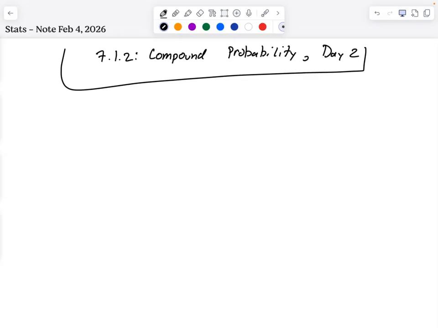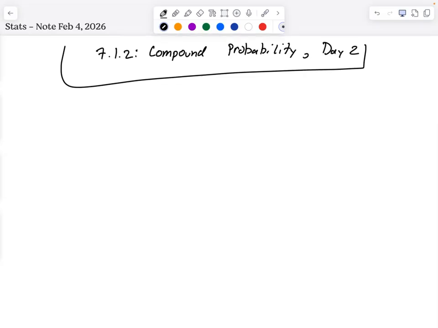So, we talked about this idea of these two simple events. When we talk about events, we have this subscript down here where A1 means that this little 1 represents the first simple event.